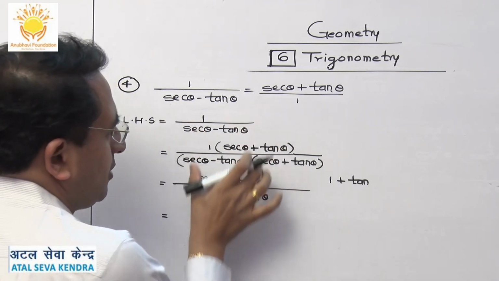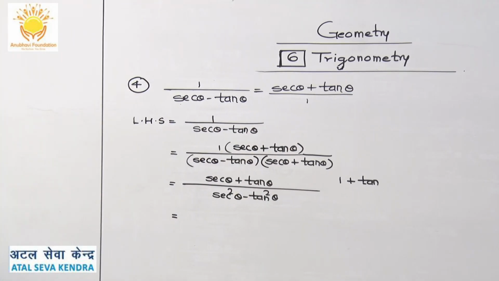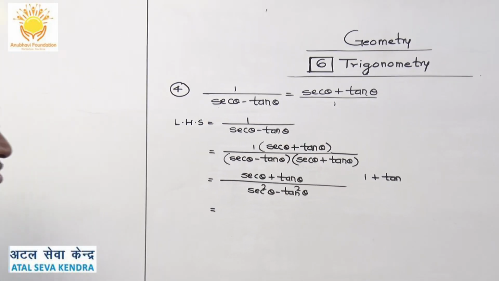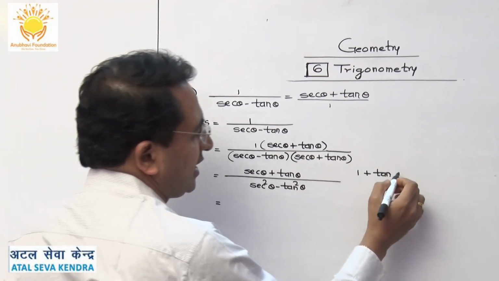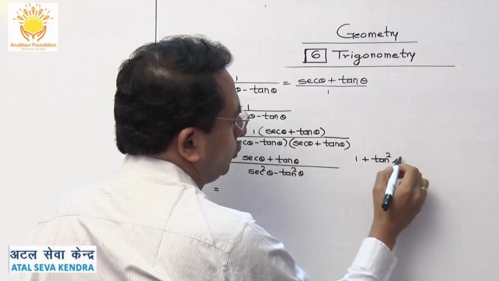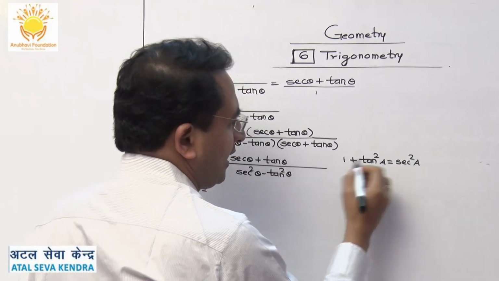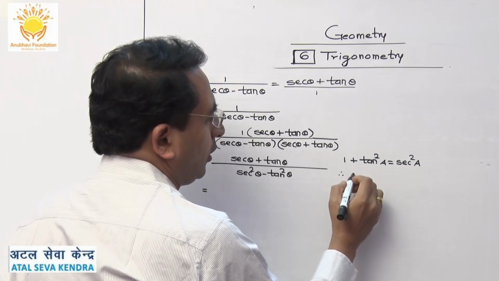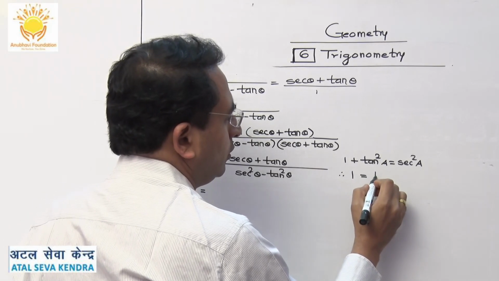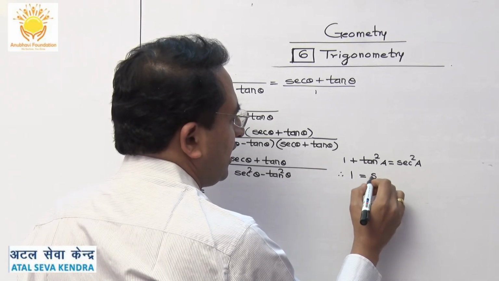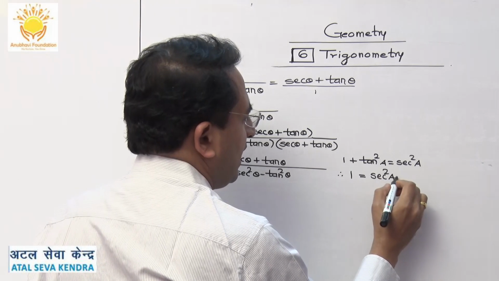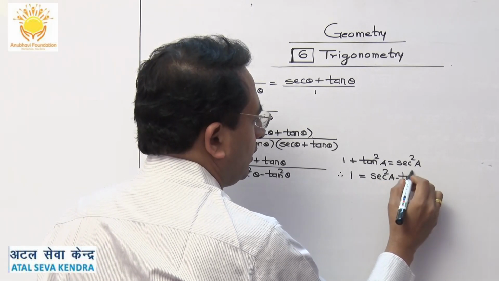As your sum is in terms of theta, we are going to use some other letter, I am writing A now. So you know that 1 plus tan square A is equal to sec square A, that is an identity, and therefore 1 is equal to sec square A minus tan square A.